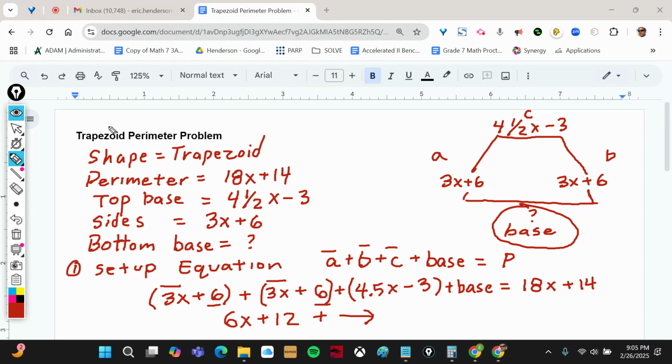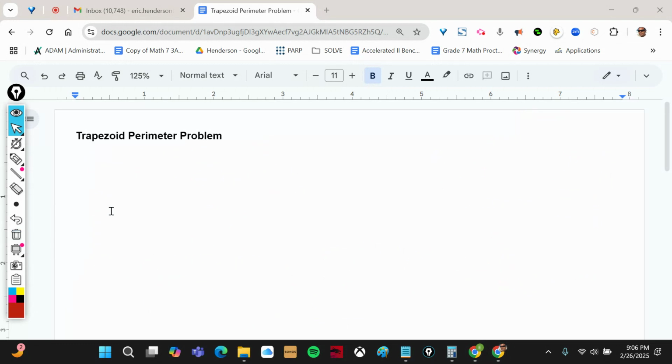All right, so let me pause it again. I've got a plan, so you should have that in your notes. We're going to delete that and start again from the top.